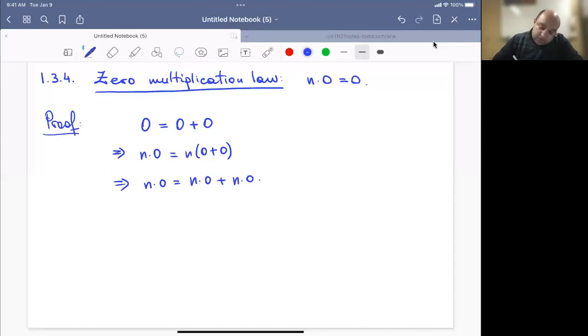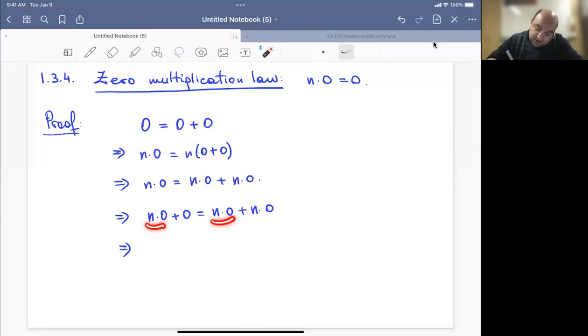On the other hand, since 0 is the additive identity, I can add it to the left hand side to write it like this. And finally, using the cancellation law, I can cancel these terms and write that 0 is equal to n times 0.